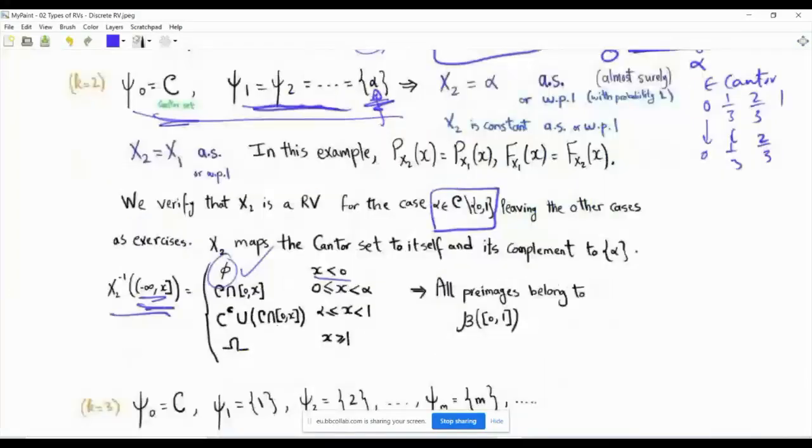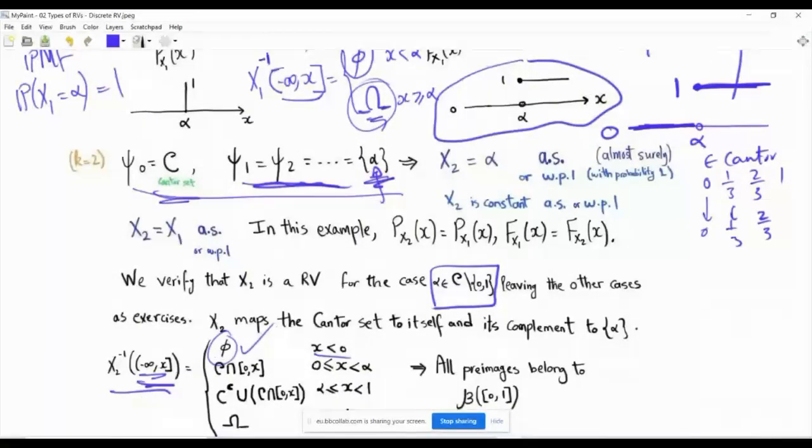Now, what if x is greater than or equal to 0, but strictly less than alpha? What is the pre-image?